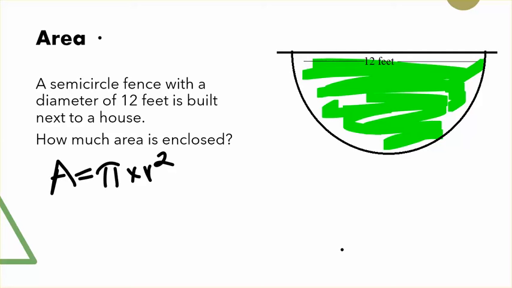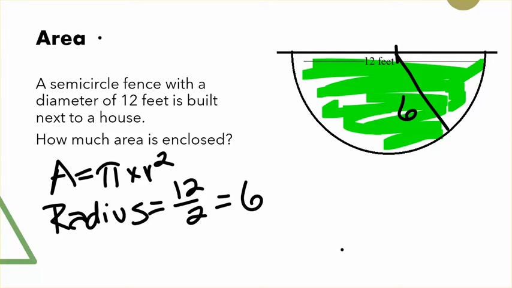So first we're going to find the area as if it was a full circle. Remember, area is pi times radius squared. In this problem, we're given the diameter. The diameter is 12. Radius is half of that, so the radius is 6.